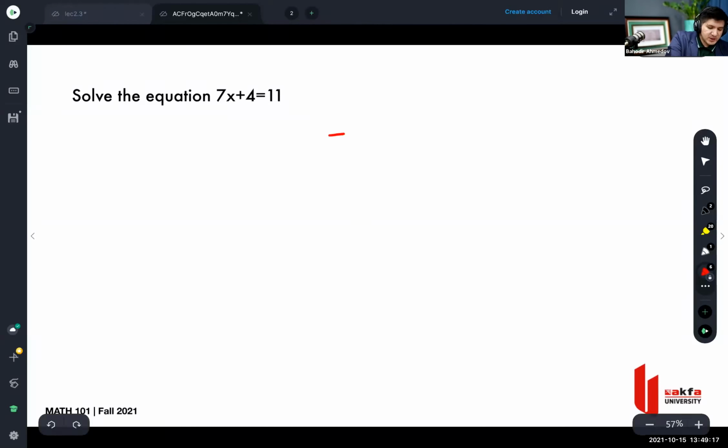So let's say I've got 7x plus 4 is equal to 11. What we need to do is find x, right? So we need to express x is equal to something else. So x should stay alone, and everything around x should be eliminated. In order to do this, I need to get rid of the 4 first of all.